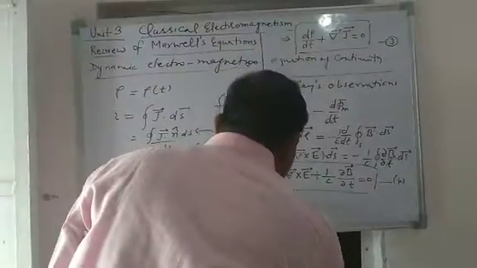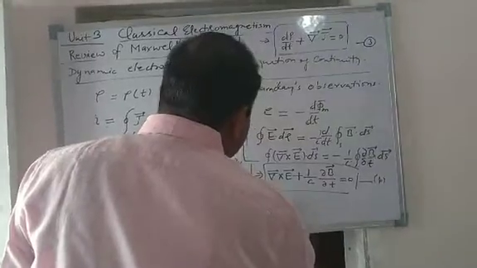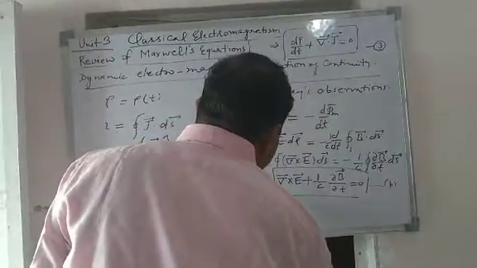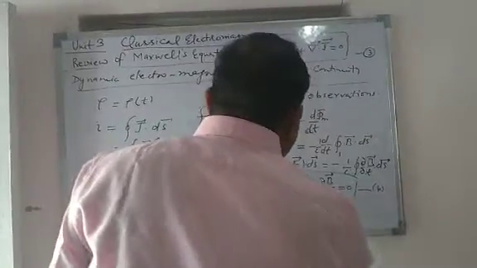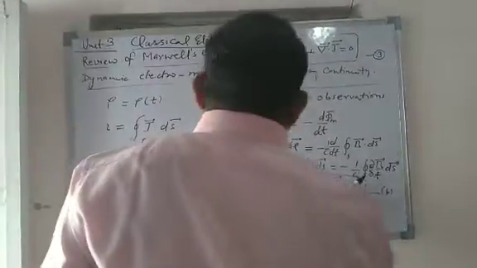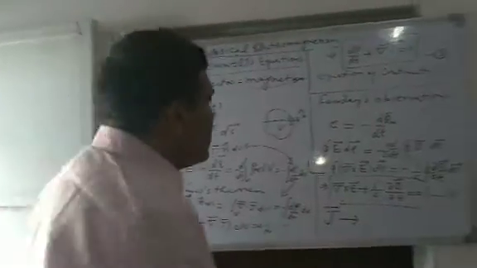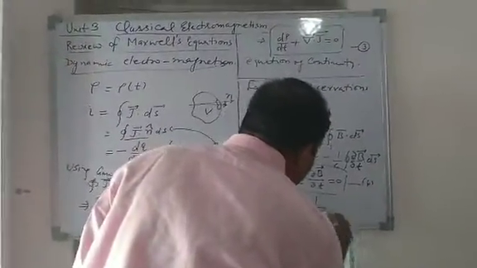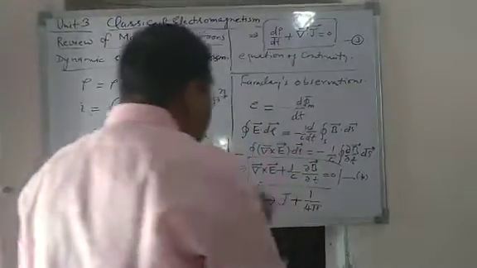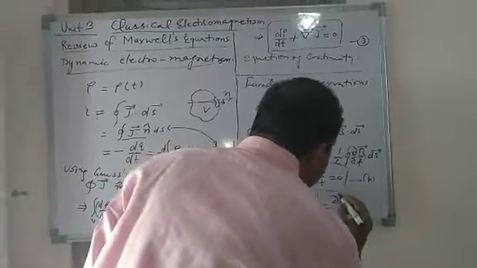The suggestion was to introduce what is known as the displacement current. Because E is essentially modifying B, and B is related to J through the curl of B, J itself should be modified to take into account these changes. That is done by this relation: J is replaced by J plus del D by del t.